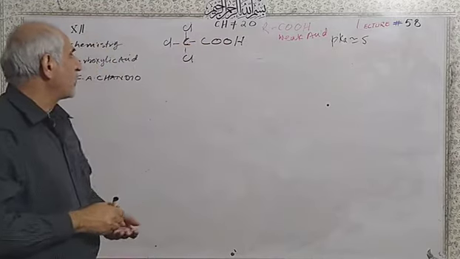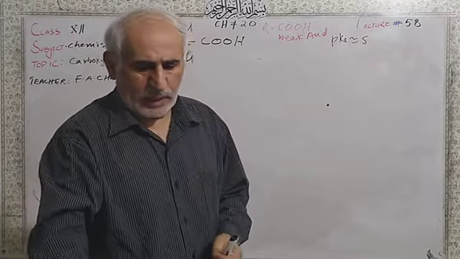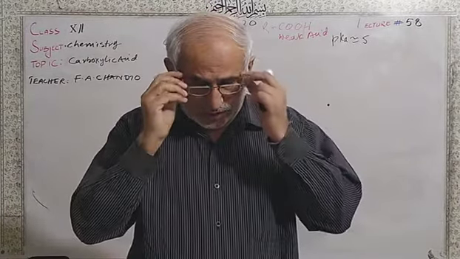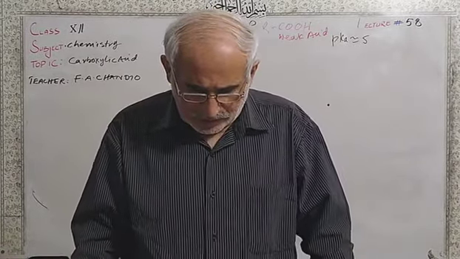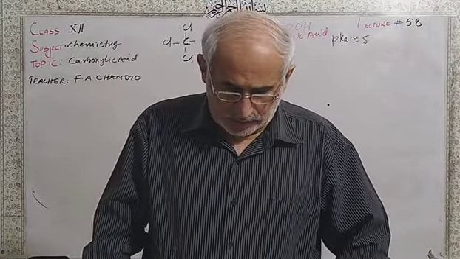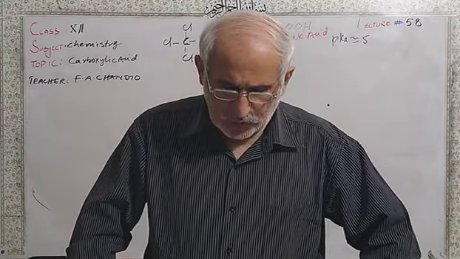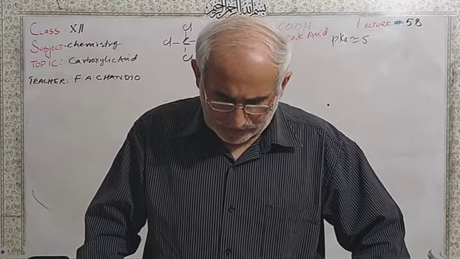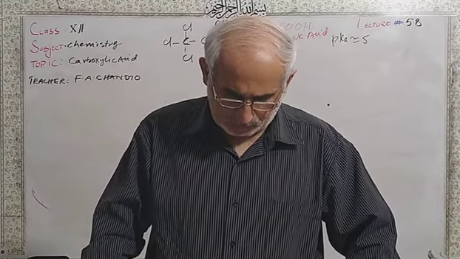Trichloroethanoic acid has no hydrogen, and its pKa value is only 0.9. Nitroethanoic acid, if you put a nitro group on the carbon, is 1.7.